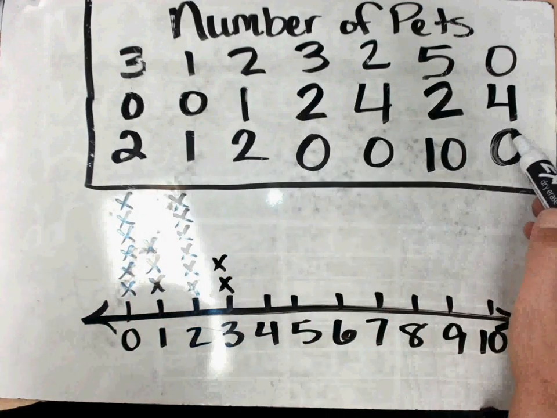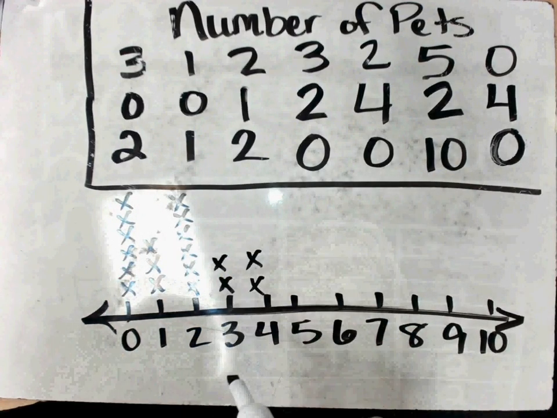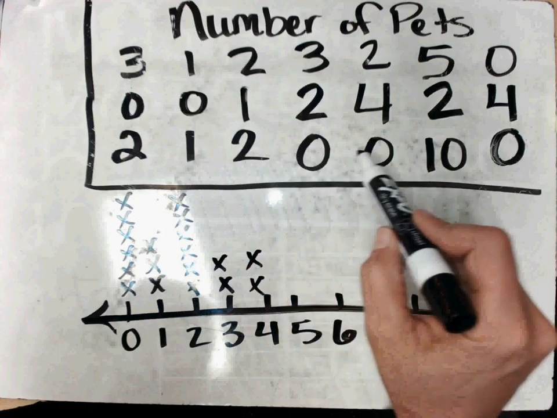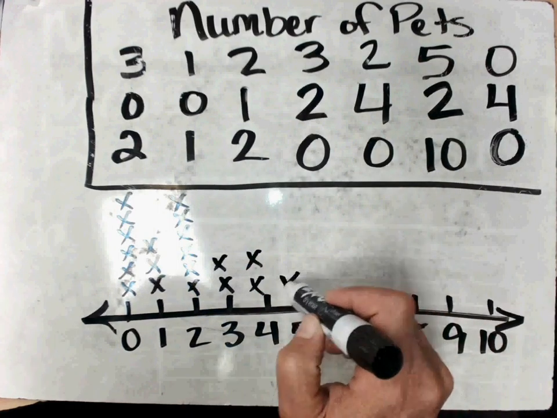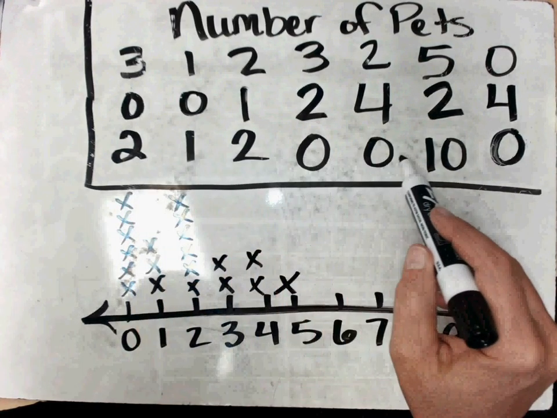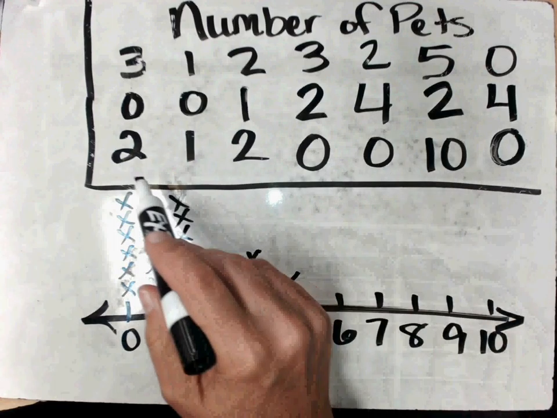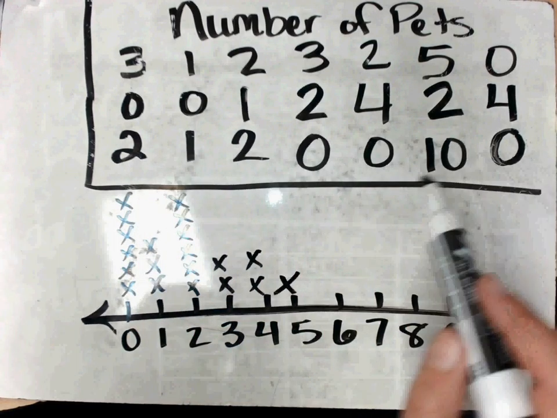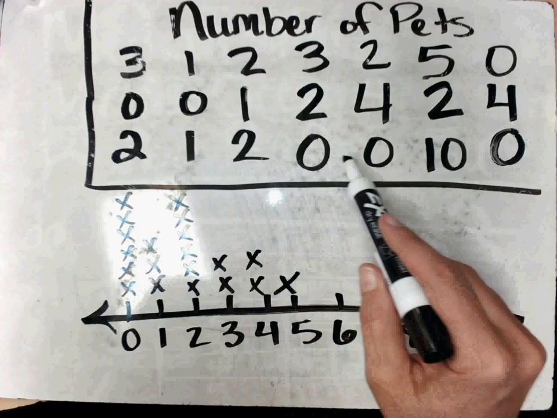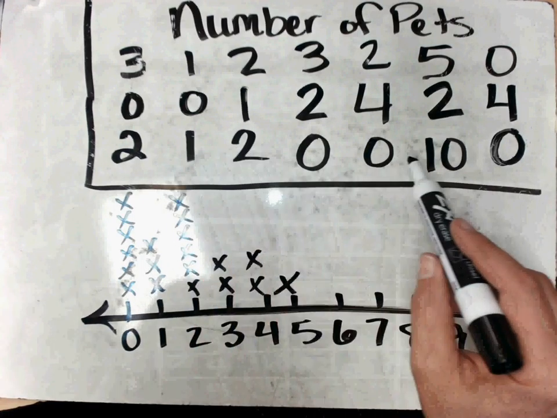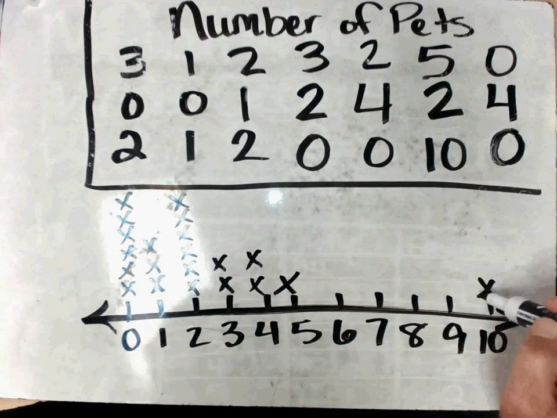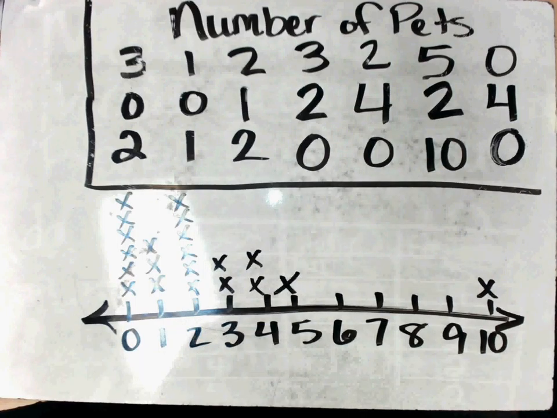Fours, there's 1, 2. Fives, I see 1. Sixes, I don't see any 6s. I don't see any 7s. I don't see any 8s. I don't see any 9s. And then there's one 10. So there is our line plot to organize this set of data.